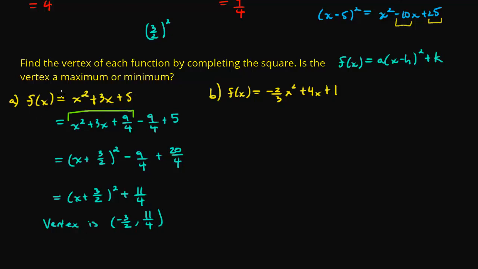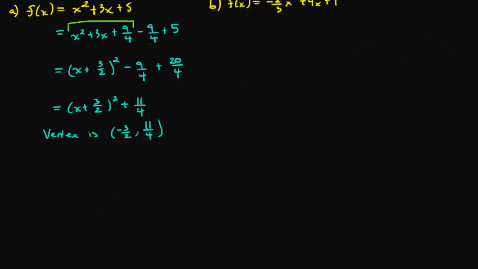Now the question doesn't just ask what the vertex is. It also asks, is the vertex a maximum or a minimum? So recall that if this a coefficient is positive, that means that this parabola opens upward. So I could try to sketch this out.